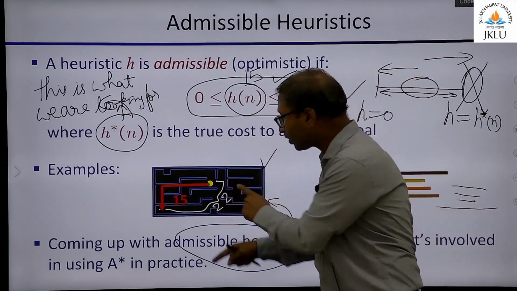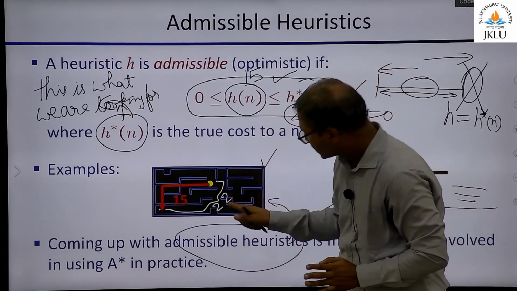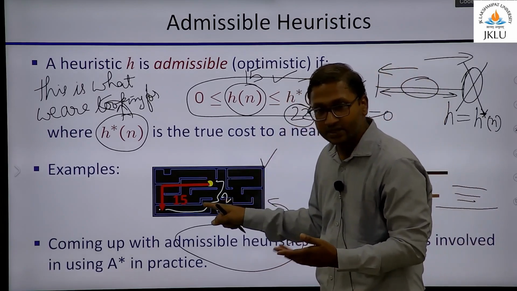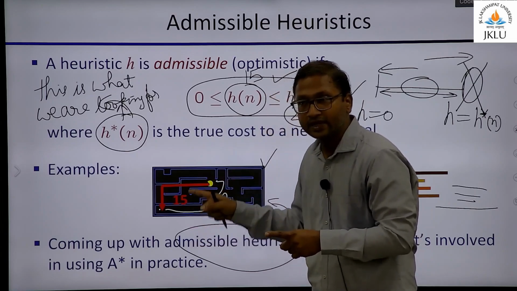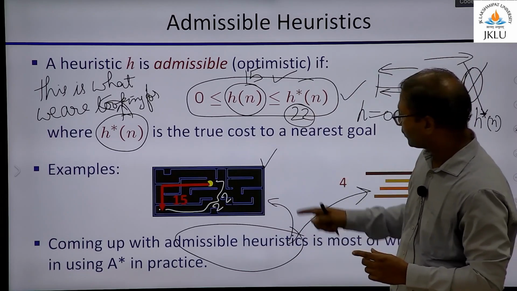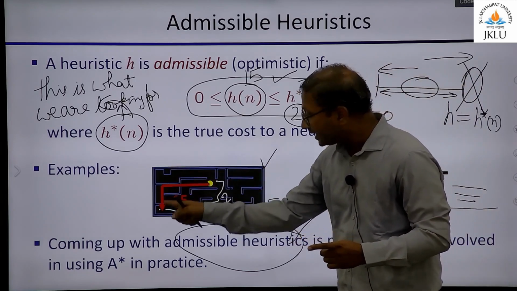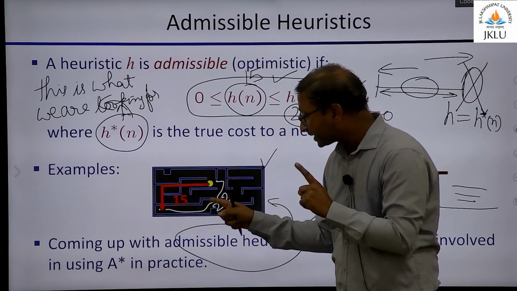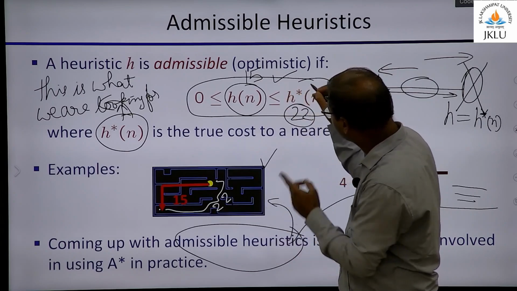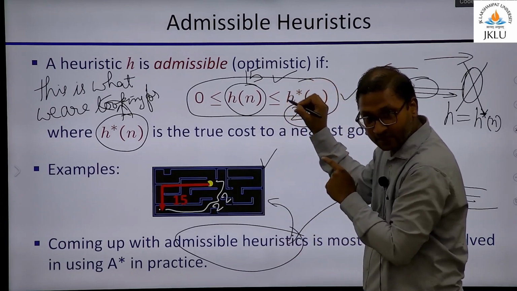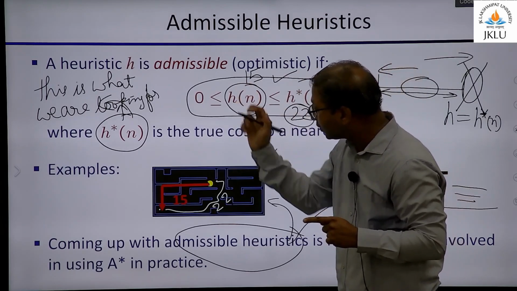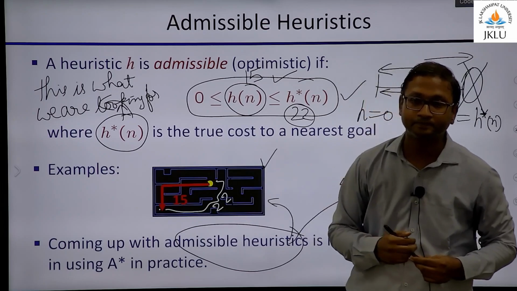So we are saying we are not computing this 22. This can be 22, this can be 18, this can be 96, whatever it is, it certainly cannot be lesser than 15. So what we are saying, it certainly cannot be lesser than 15, but is it certainly greater than 15? So greater than 15. So whatever this best path is, that is your H star n, उससे कम ही होगा this 15.